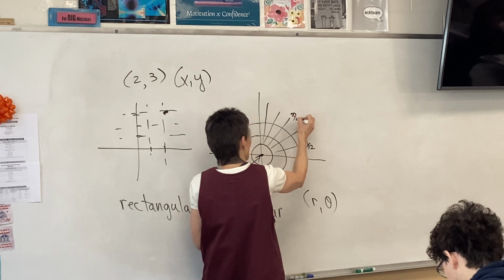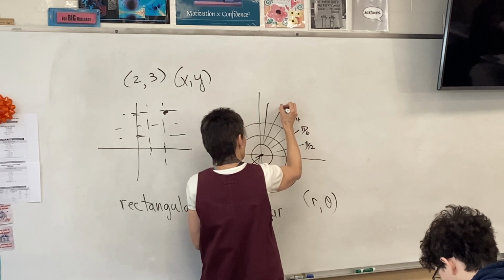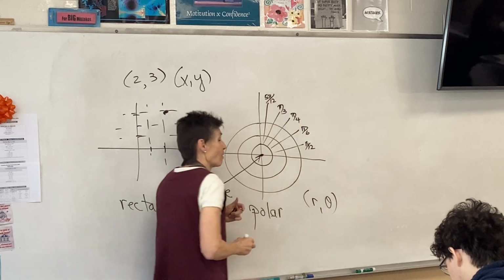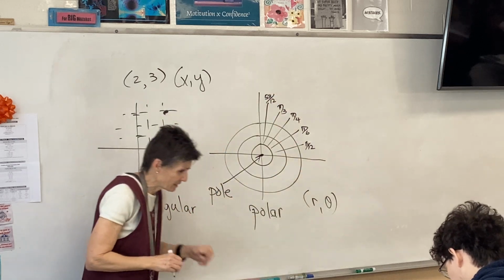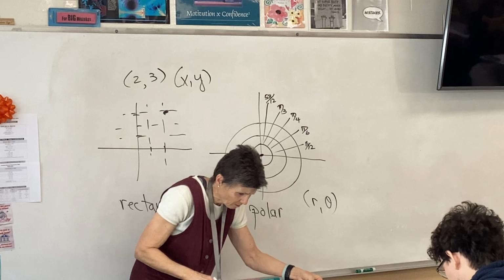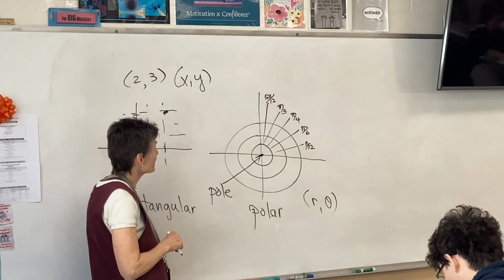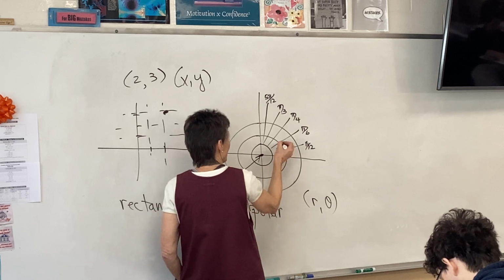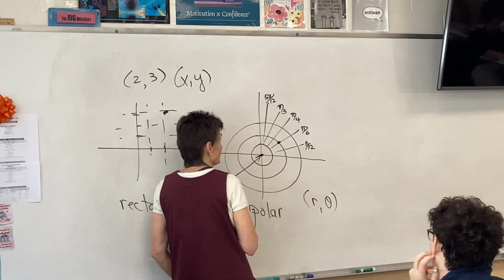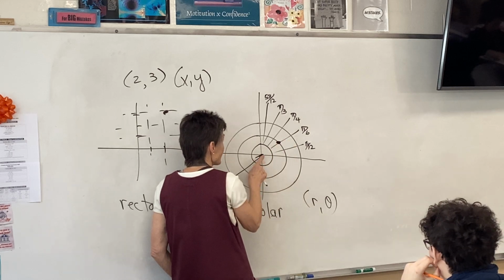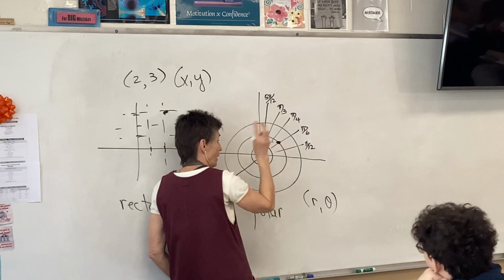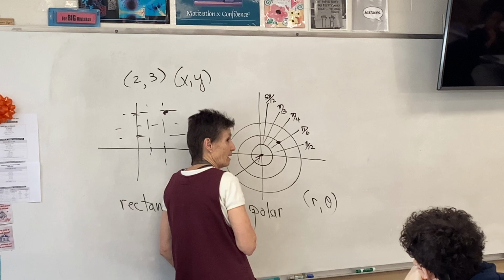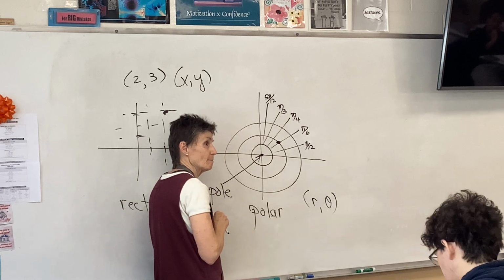This is pi over 4. This is pi over 3, and this is 5 pi over 12. I think our graph paper is in 12s, but I really can't remember. I have to look at it more carefully. So, if I plotted a point right here, that point has an R value of 2 and a theta value of pi over 6.